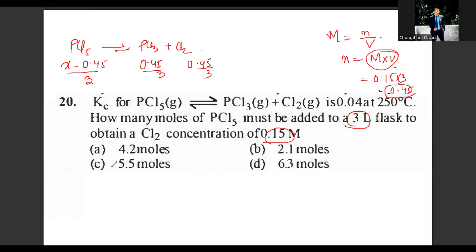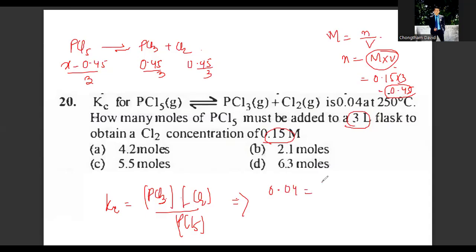Now you have these values, the concentrations, you can now find Kc easily. PCl3 multiplied with chlorine, divided by PCl5, you would be obtaining 0.04 equals 0.15 into 0.15 divided by (x minus 0.45)/3.